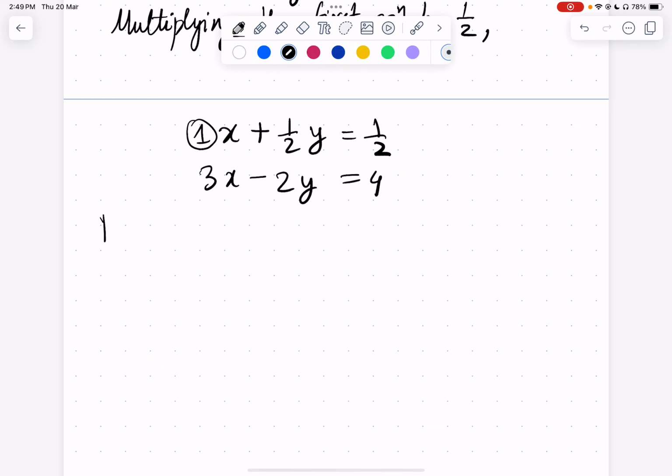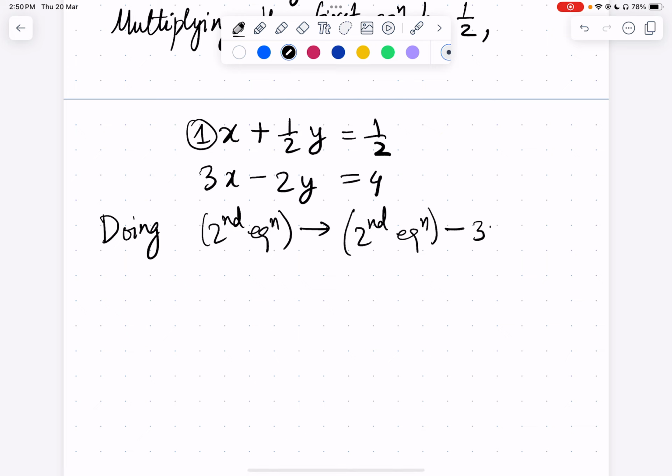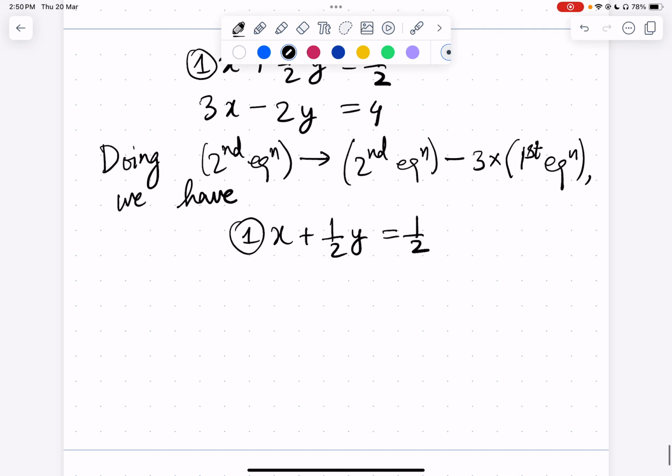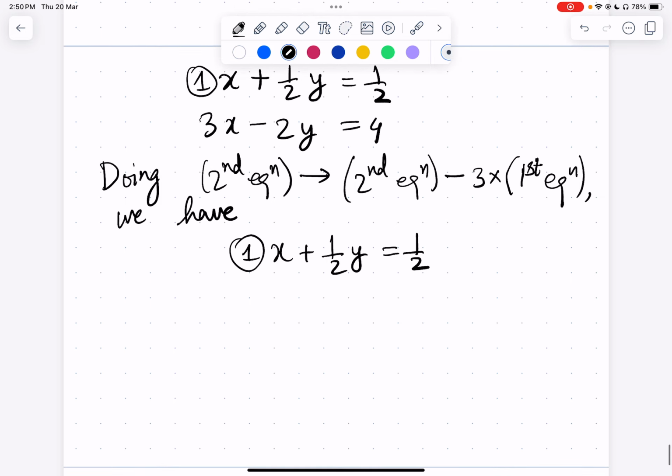So now changing the second equation to second equation minus 3 times first equation, we have 1x plus half y equals half, and so second equation minus 3 times first equation changes the second equation to 0x.